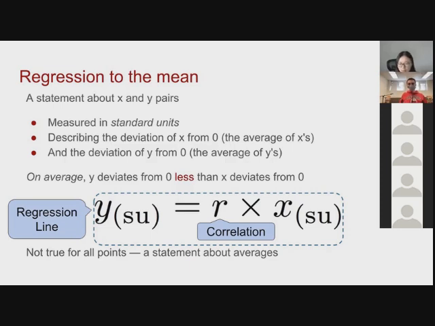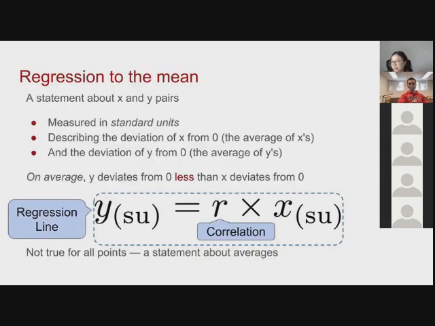But remember, this regression line is only on the standard units, and this is not true for every point. In fact, probably not for any point unless you're exactly on the regression line. Otherwise, you're always going to get some error, but that's fine, because no prediction is perfect. What we're trying to express is the relationship between the averages of the X's and Y's in their standard units.